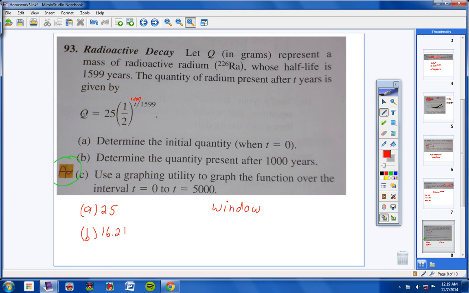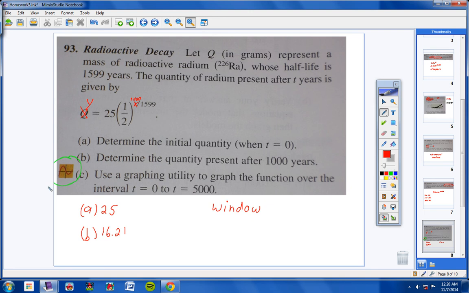Now students, look, on your calculator, we know that usually the variable by itself is your y, so we're going to call Q our y, okay, for our graphing calculators. And we're going to call T our x, okay? So there we go. Now, first of all, let's fix our windows. We know that we want our x's to run from 0 to 5,000. So listen carefully, please, students. Go to your top buttons.